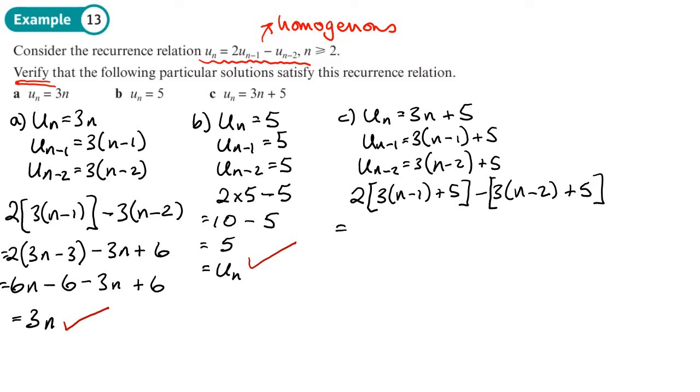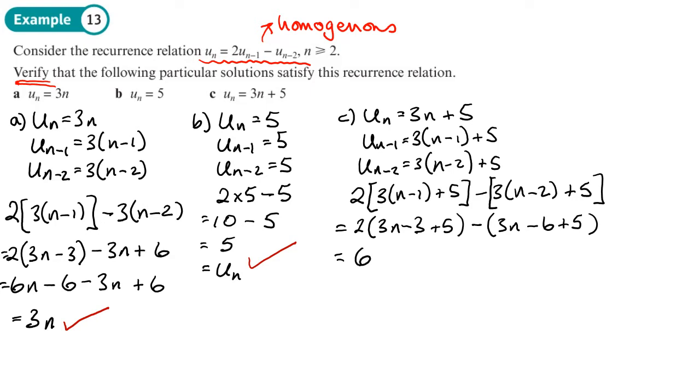Right, so let's see what we get when we expand the brackets. So we'll have 2 lots of 3n minus 3 plus 5, and then in the second brackets we will have 3n minus 6 plus 5. Right, well, what does that give us?